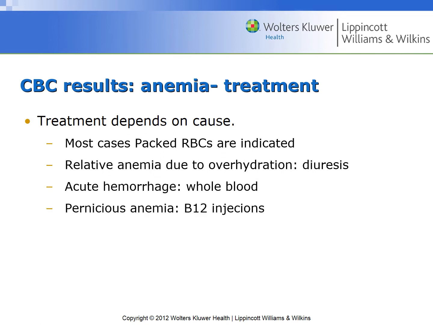For pernicious anemia, B12 injections. So why would it be B12 injections versus a pill for pernicious anemia? Go ahead and pop that one into the comments down below there. Why it would need to be injections instead of the pill.